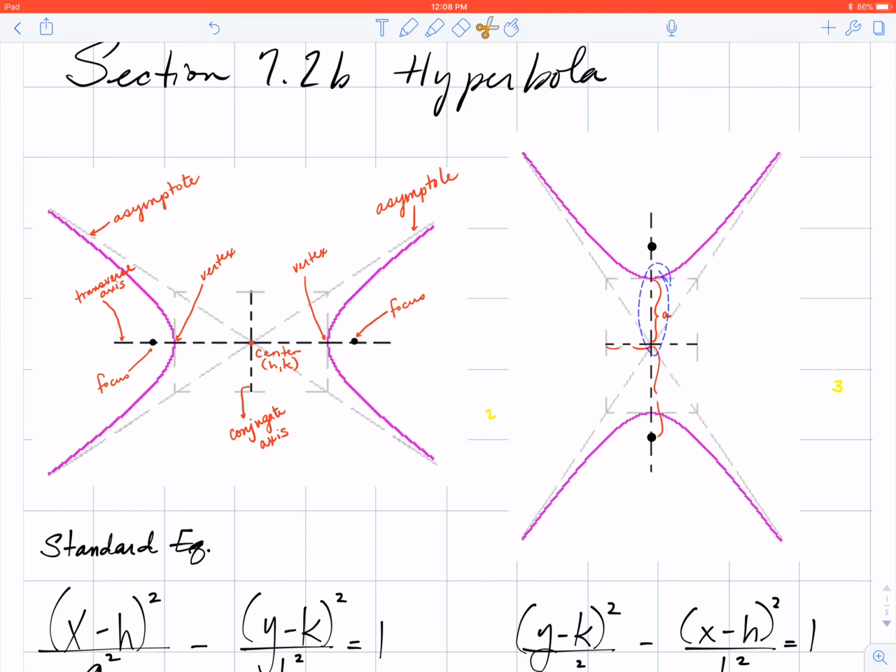The second distance is the distance that goes from the center to the end of the conjugate axis. I don't have a special name for that point. It's just called the end of the conjugate axis, and that's going to be a distance of b. And then the third distance is from the center to the focus point, and that's going to be a distance of c.